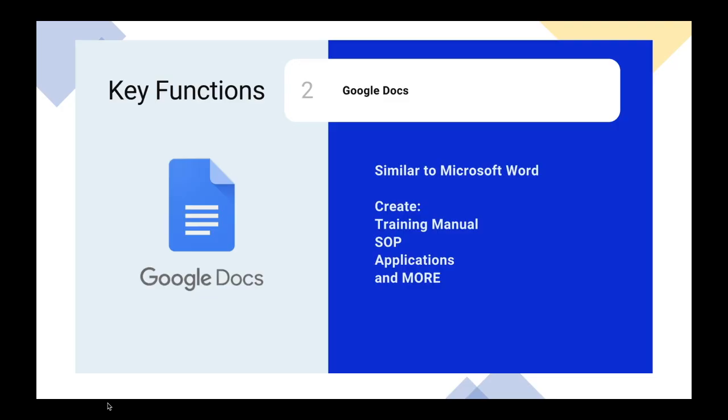So if you've ever opened a Word document and started typing information, probably laying out an outline of a class, laying out an outline of something you want to teach somebody, creating a salon application, jotting down some questions for your hiring process, or just making some notes on every subject, creating some notes on different stylists, things that happened at the end of their 30-day probation, Google Docs is going to allow you to do that.